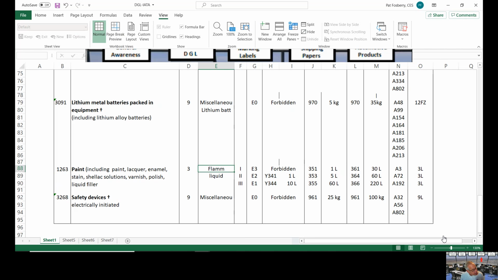It says Class 9 commodities pertaining to this class will not be accepted for carriage with the exception of the following products. Then you go down and it shows UN 3268. So that's good news. You are not allowed to ship on Aero Mexico unless it's one of the UN numbers that are listed, and 3268 is not listed. So I don't have to worry about going to Mexico. I can ship it air freight.